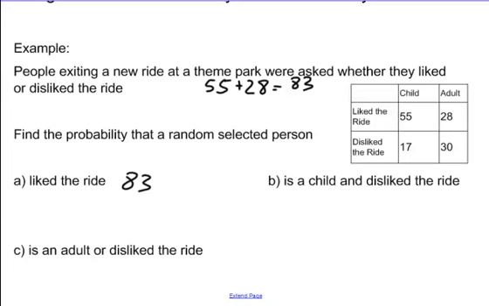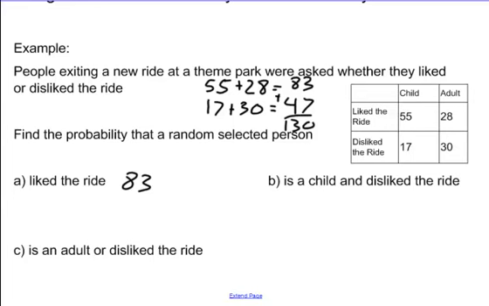So we have 55 plus 28, and then we can add our 17 plus 30 to get 47. Then we add those two together, and we get 130. So there were 130 people that were surveyed.